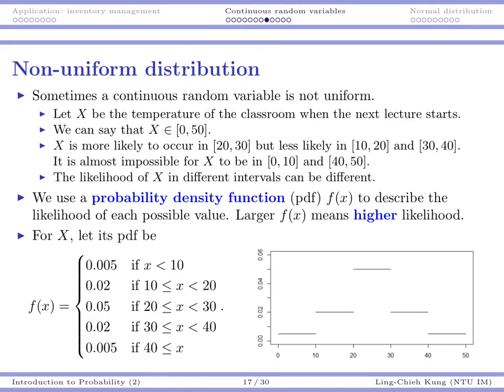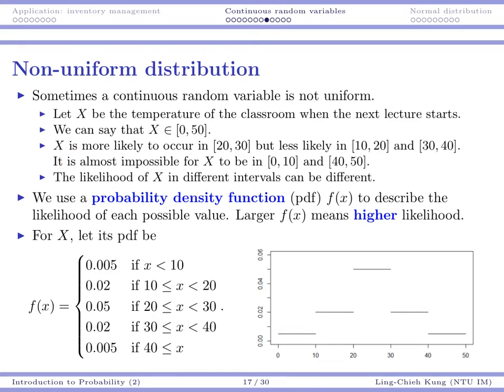Or say it more intuitively: with higher probability, we will see X to be close to 25, and with smaller probability for X to be close to 0 or 50. That should be reasonable. So we need to have a way to measure or represent that kind of different likelihood.